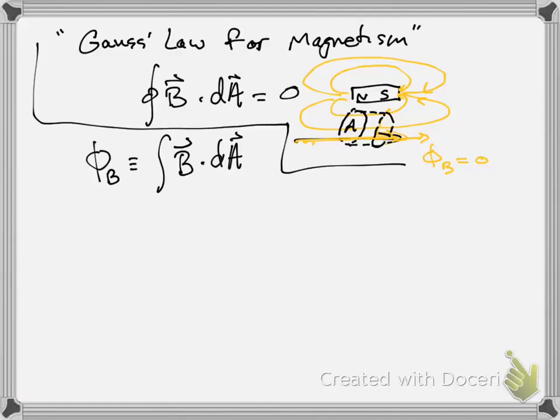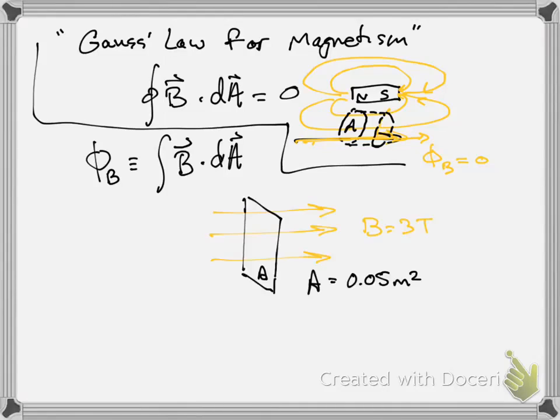In general, the magnetic flux is defined as shown here, and let's say that I have a constant magnetic field of 3 Tesla. It's a pretty big field, but regardless, I've got some area, a wall or whatever, that it's passing through with an area of 0.05 square meters. If that magnetic field is passing perpendicularly through that wall, then the magnetic flux is B dot dA.